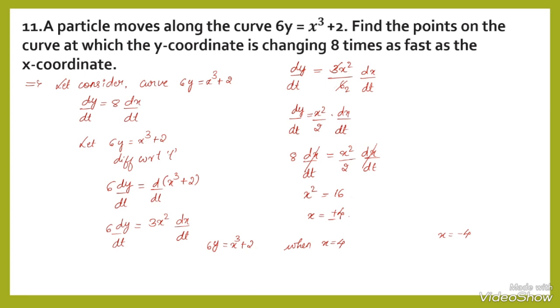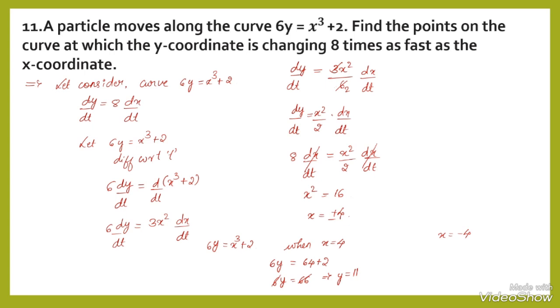While substituting the values, 6y is equal to x cube. In place of x, 4 cubed is 64, plus 2, that is 66. 6y is equal to 66. 6 elevens are 66. Therefore, y is equal to 11.